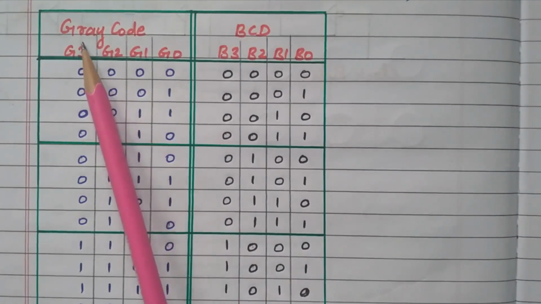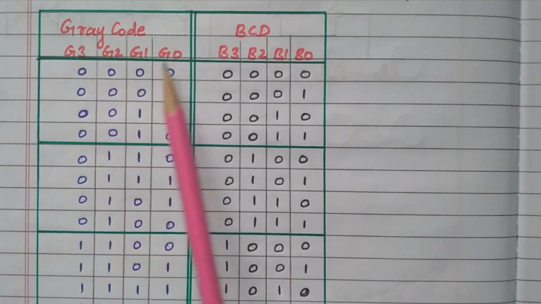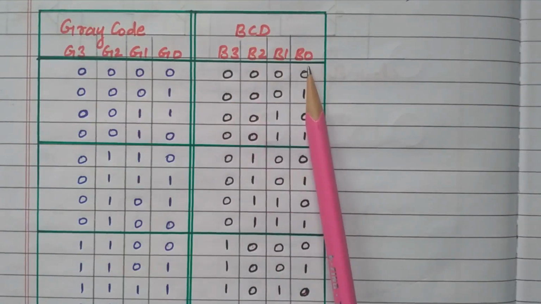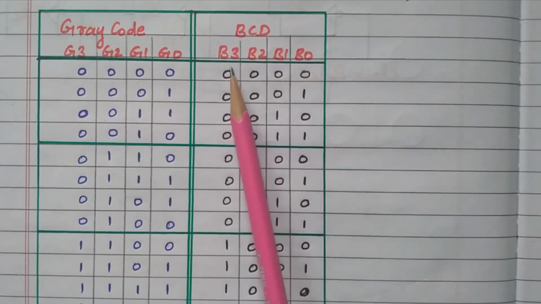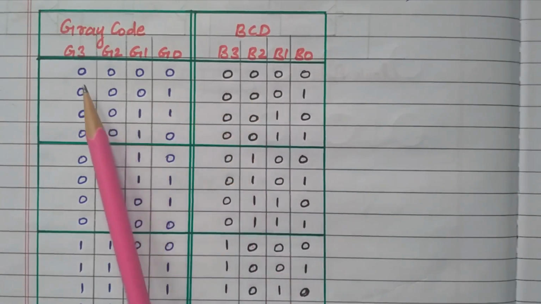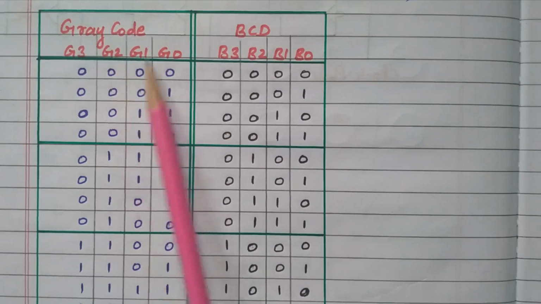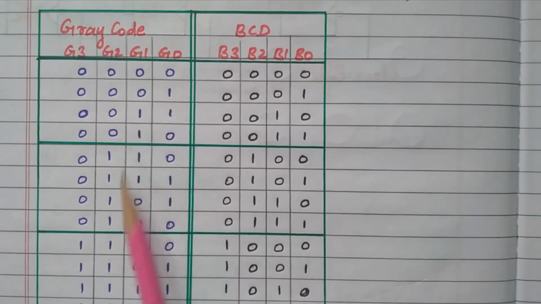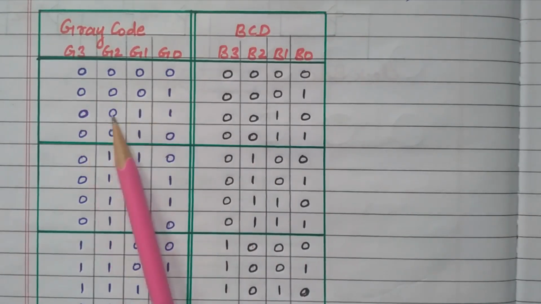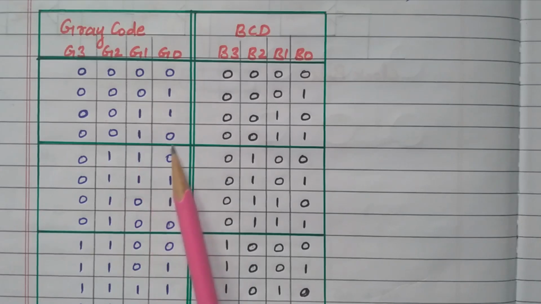Now this is the input gray code G0, G1, G2, G3, and this is the BCD, B0, B1, B2, B3. We are converting gray code to BCD. Here there are 4 variables, so 16 combinations are available. Here also 16 combinations are available. 0 0 0 0, 0 0 0 1, 0 0 1 1, 0 0 1 0.